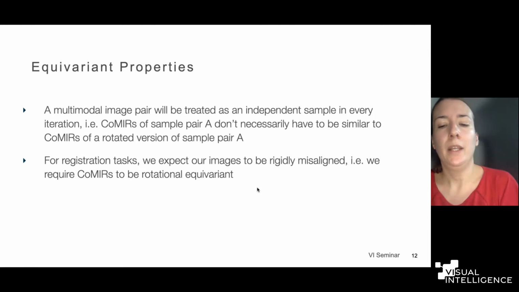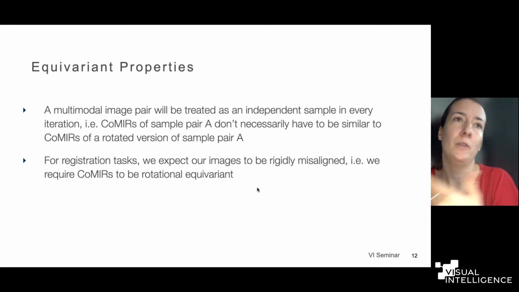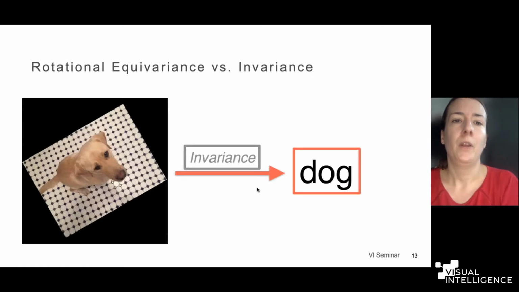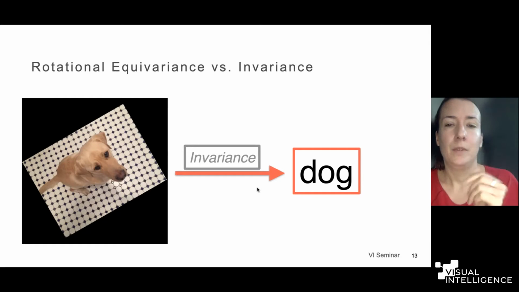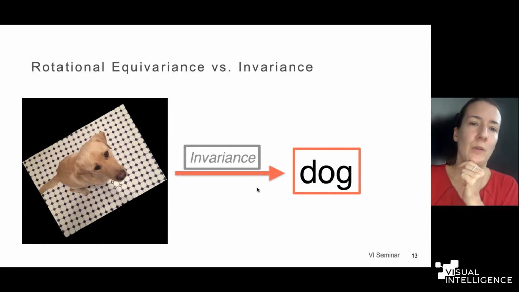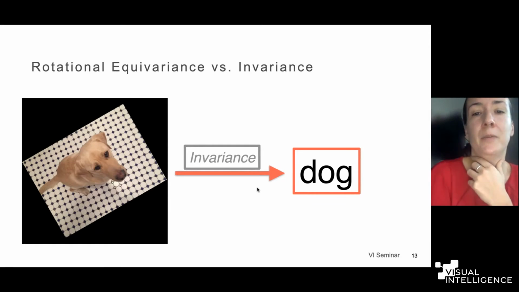So what I need is that the CoMIR of a rotated input will be actually the same as the rotated CoMIR of that input. So I'll just quickly go into rotational equivariance versus invariance.